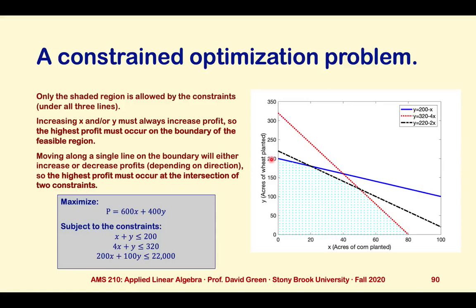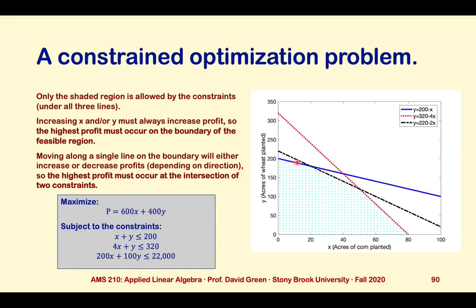It actually also turns out that moving along one of the lines has to either increase profit or decrease profit. Right? And once we've identified the direction, essentially, so if we think about, say, moving along this blue line, we're increasing the amount of corn produced, but we're decreasing the amount of wheat produced.